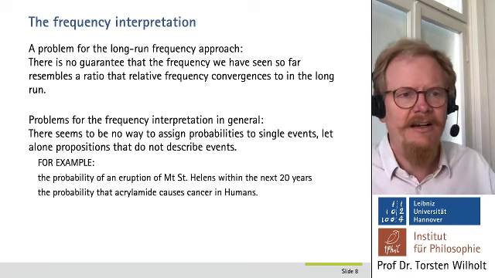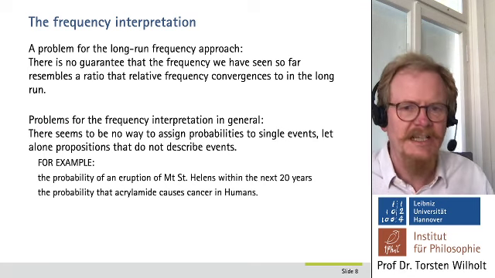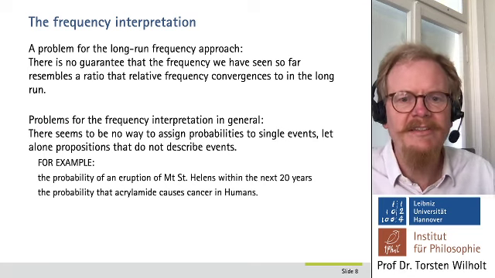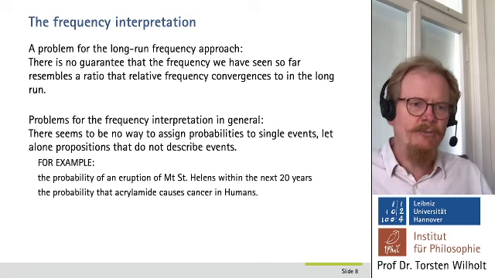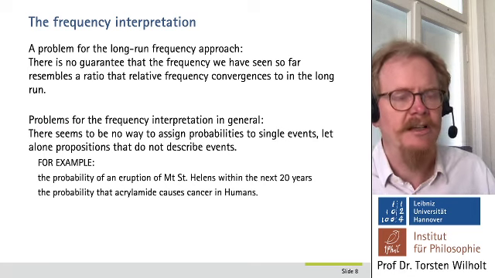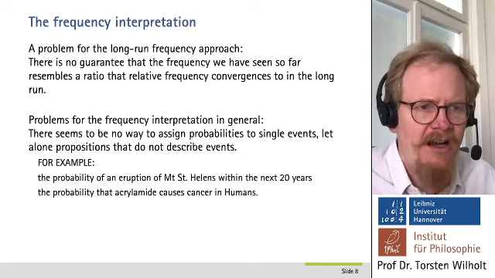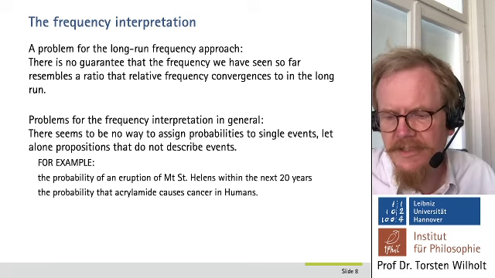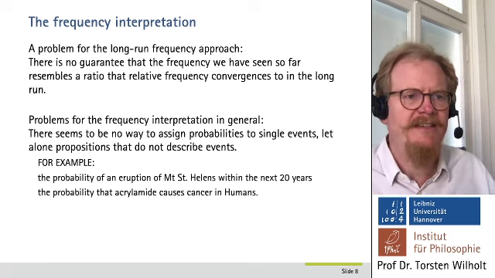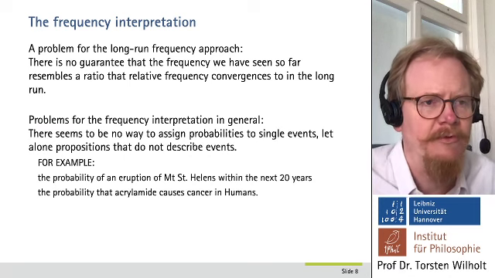And it's really hard to conceive of this kind of probability in terms of relative frequency, or even things like the other example here, the probability that acrylamide causes cancer in humans. Acrylamide is widely considered a carcinogen, but it's not entirely proven. So experts would generally say that there's a high probability that it is carcinogenic for humans.